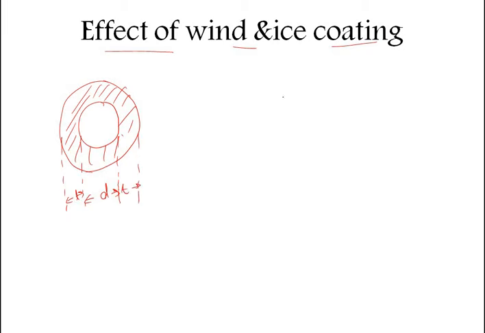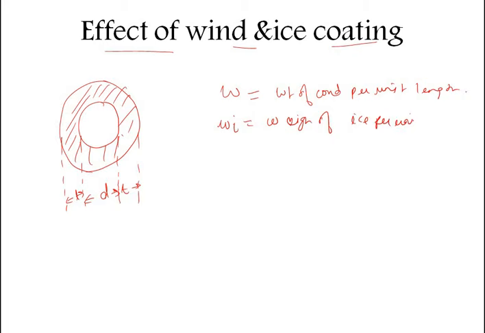So now let us assume W is the weight of conductor per unit length. Wi will be the weight of ice per unit length.